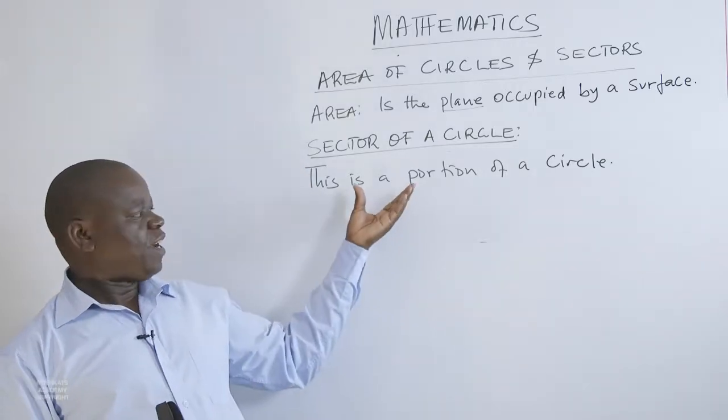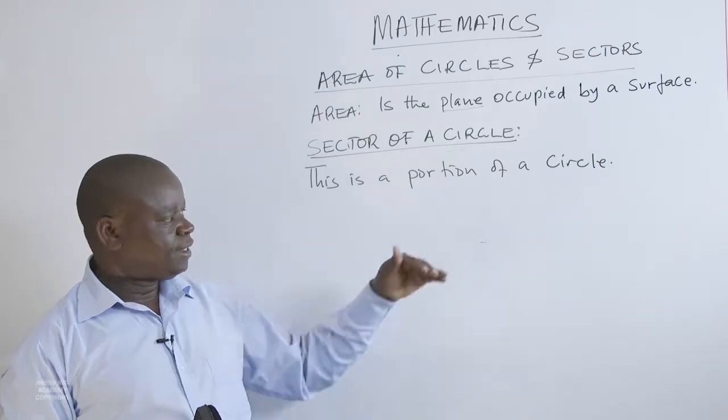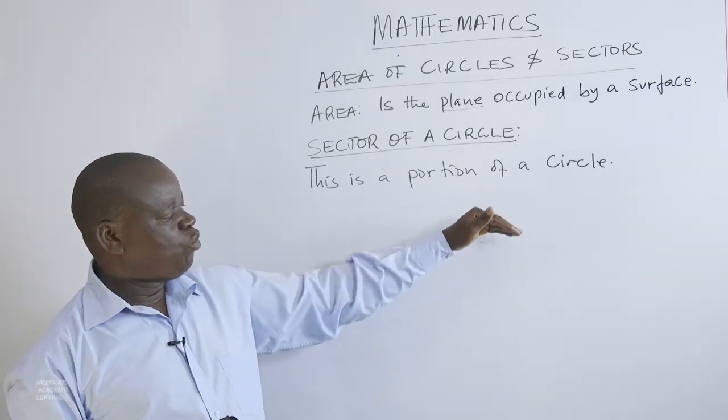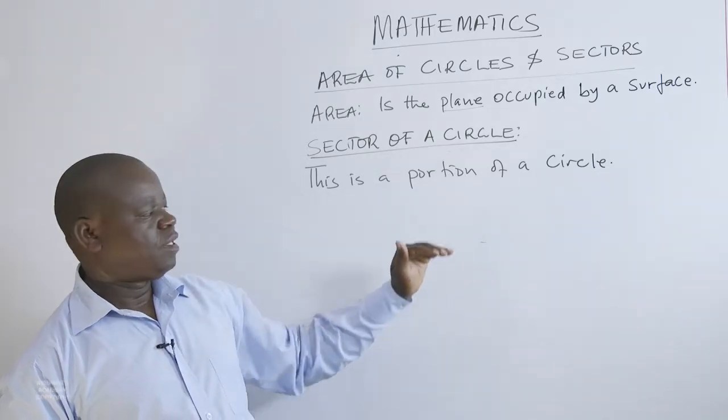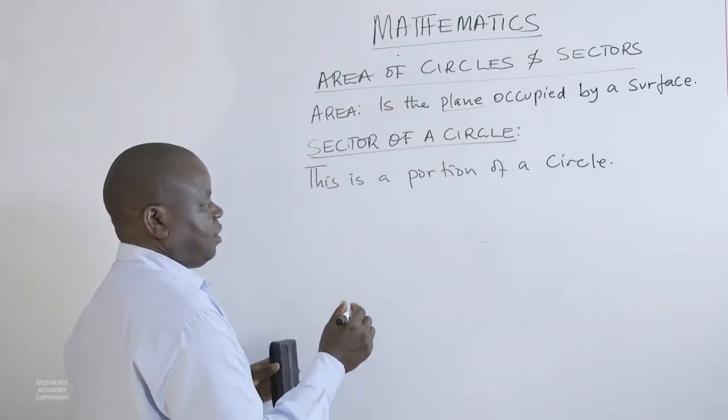So a sector is defined simply as a portion of a circle. As you are going to see, we are going to demarcate that portion, and the portion we demarcate is what we call a sector.